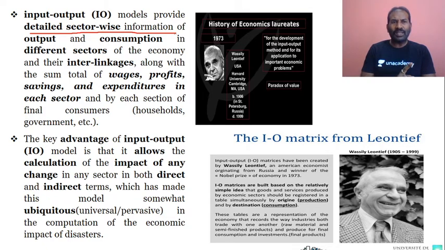With the input output model, please do understand, this model provides detailed sector wise information, wherein once the government has information on which sector is badly hit, which is averagely hit, and which is least hit, then based on that it can allocate funds to those sectors.